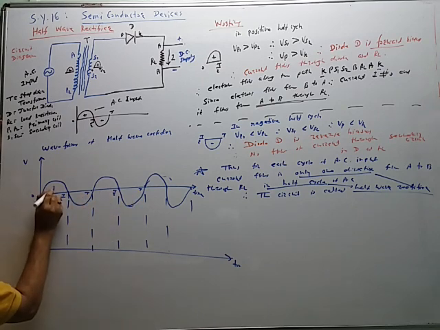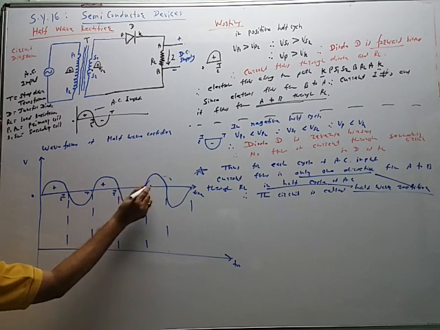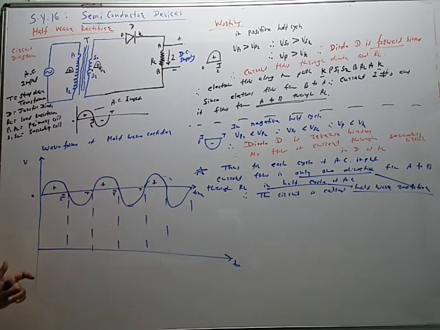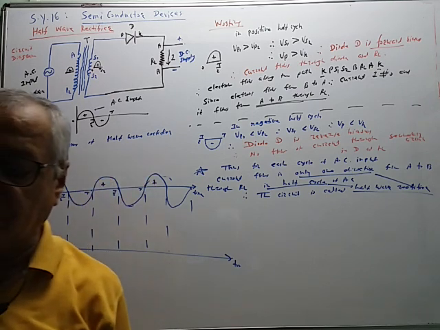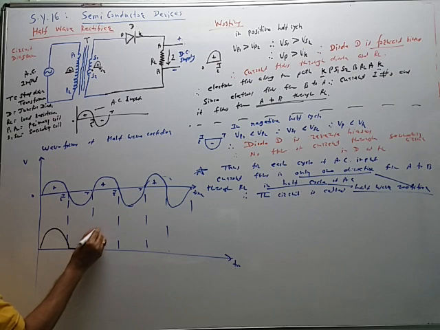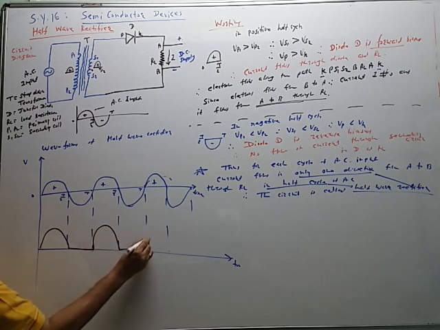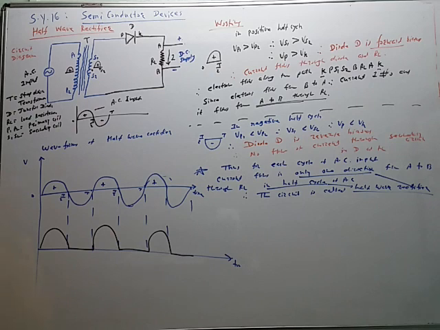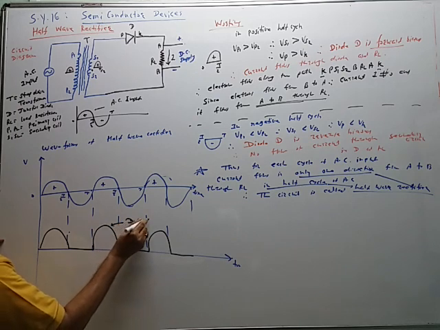So in this positive half cycle there is a current, in the next positive half cycle there is a current. So the current flows like this. There is a current from A to B, no current. There is a current from A to B, no current. There is a current from A to B, no current, like this. So current flows in only one direction, therefore this is called the DC output.